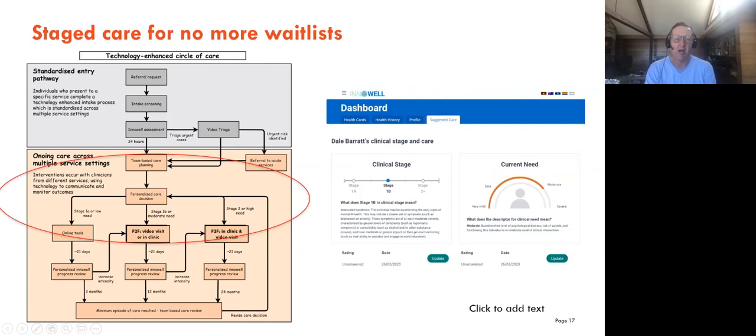By combining the notion of staging into digital systems, we're trying to have a situation where people do not wait inappropriately to see a clinician. They start on particular areas as quick as they can, and those who need to see more skilled clinicians see them earlier.